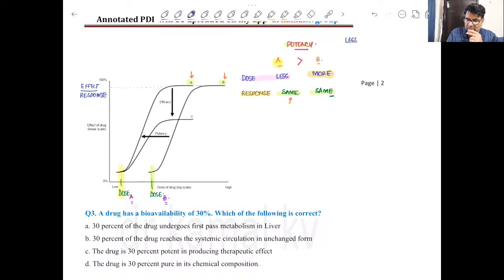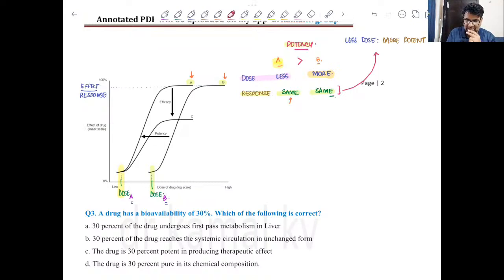Just remember it like so: less dose means more potent, and the only condition is that the effect has to be the same for all those drugs, then only you can comment on potency, right? So if the effect is the same, the drug which is needed in a lesser amount to bring about that effect is known as more potent.